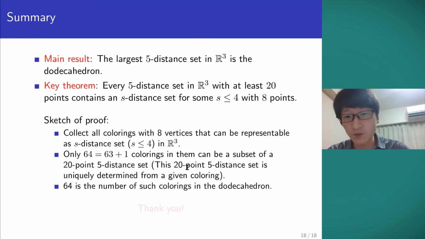Actually, this 20-point 5-distance set is uniquely determined from a given coloring. And this number 64 is the number of such colorings in the dodecahedron. Then we can prove the uniqueness of the largest 5-distance set, and it is the dodecahedron.